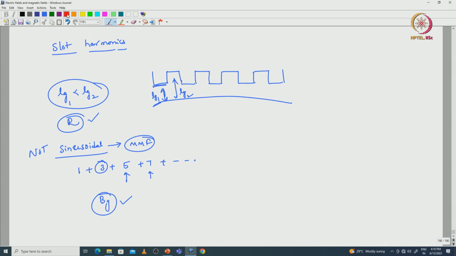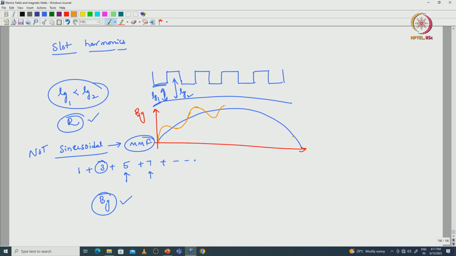Okay. If we will observe here, this is the fundamental. Because of the slot harmonics, the resultant flux density waveform with respect to the air gap length variation will come in this manner.